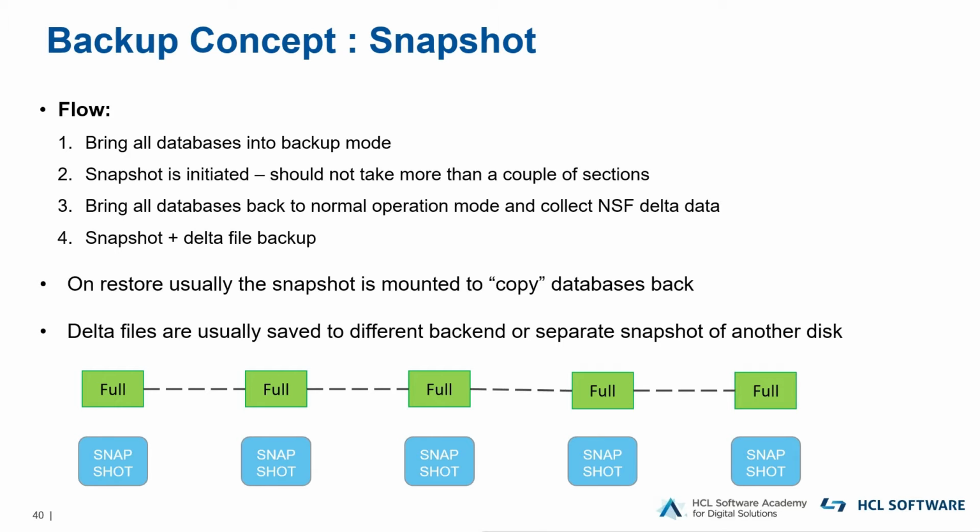Before we look into the volume shadow copy, let me give you a very brief idea what a snapshot is, because a snapshot can mean many different things on a platform. It could be a storage snapshot, it could be a VM snapshot, it could be a file system snapshot with ZFS, it could be volume shadow copy, right?